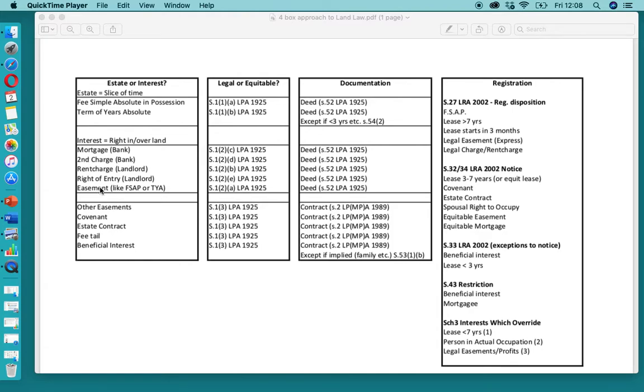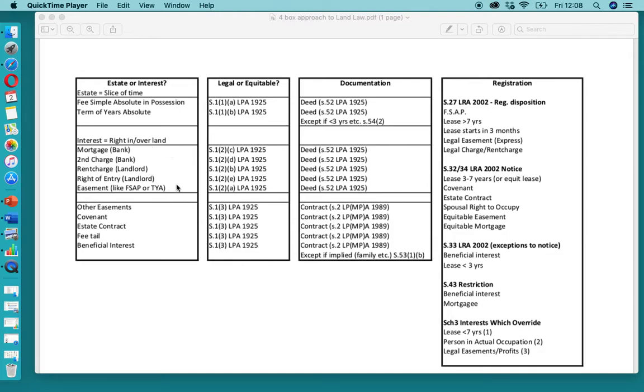Rights in or over land that are capable of being legal: the two charges from the bank, the two charges that are available to a landlord, the rent charge not being applicable in our cases, and an easement that is like a freely given one or a time specific one.